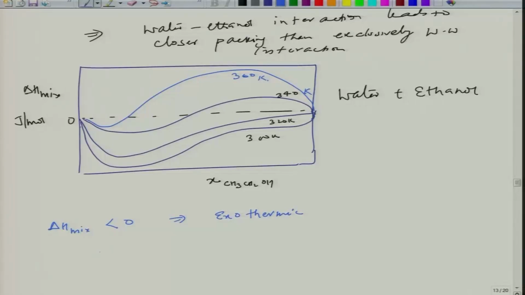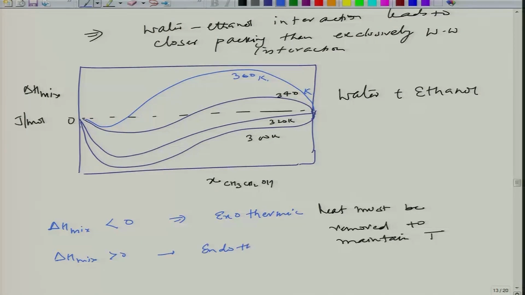Similarly, for the case of greater than 0, you have endothermic, which means heat must be added in order to maintain the temperature.